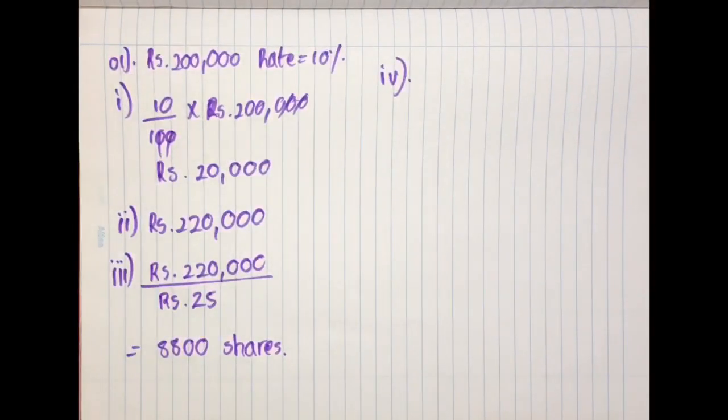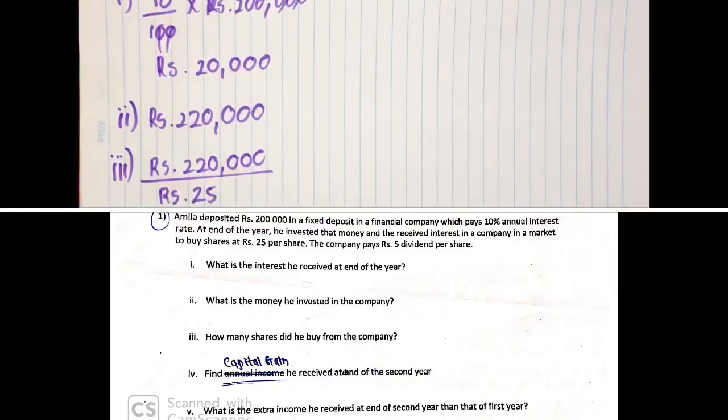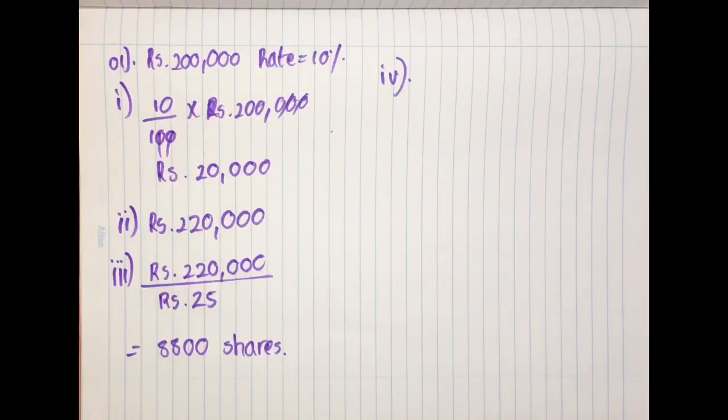Okay, let us check the fourth one. Find annual income he received at the end of the second year. Now in the question they also say that the company pays 5% dividend per share. That means from one share he is getting 5% dividend. So altogether he is owning how many shares? 8,800 shares.